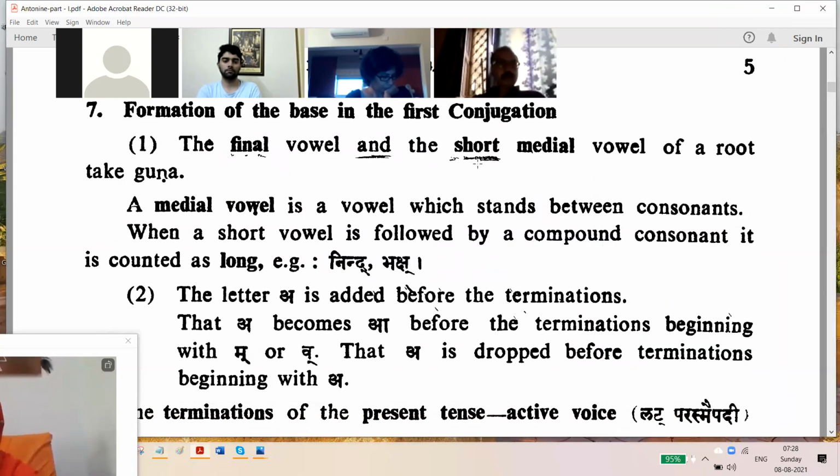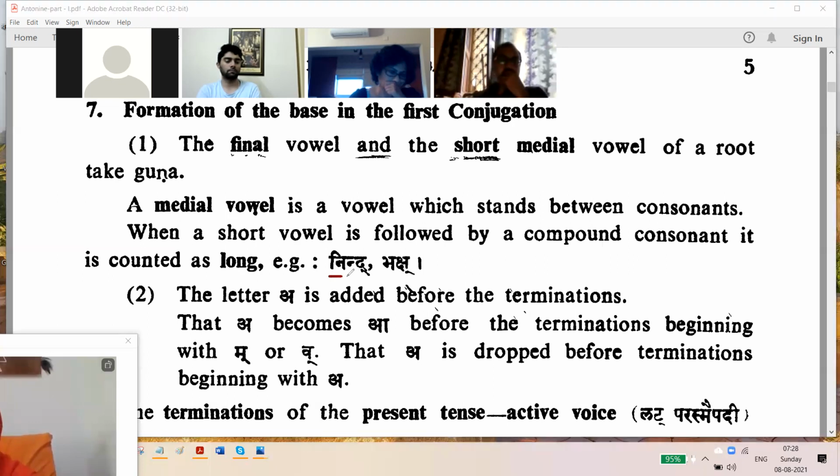The final vowel and short medial vowel of a root take guna, as we have seen in both sparsh and bhu. The medial vowel is the vowel which stands between consonants. When a short vowel is followed by a compound consonant, it is counted as long.